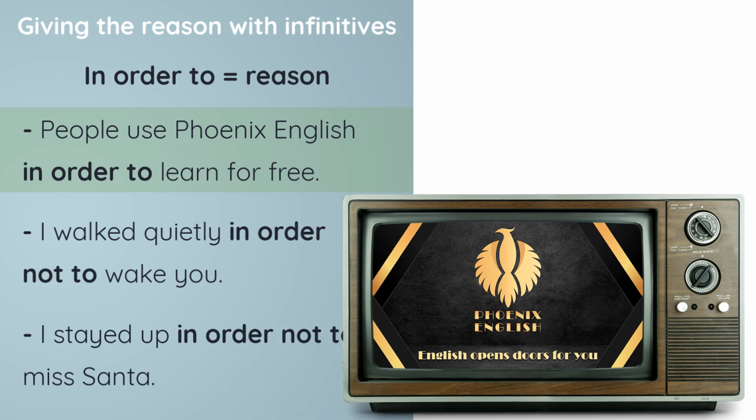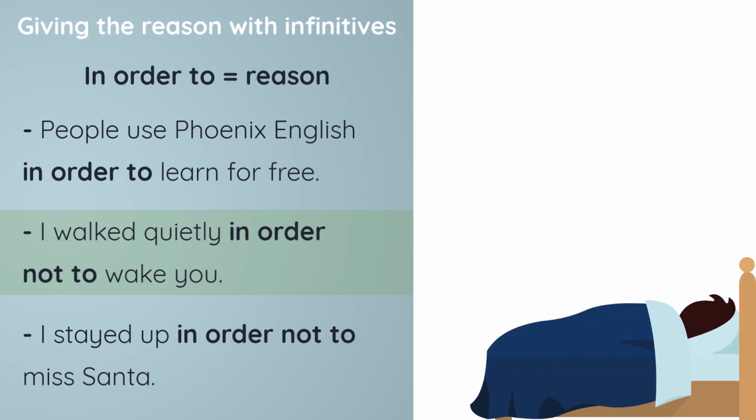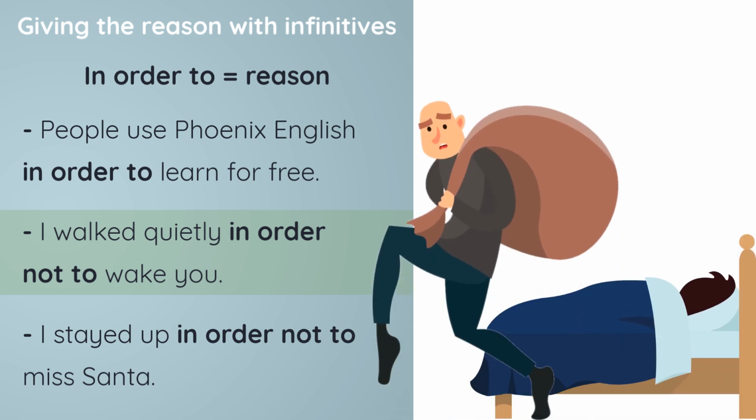Now, if we want to say something in a negative, okay, we want to prevent something, we can also use in order not to. So let's look at an example of this. I walked quietly in order not to wake you. So the reason that I'm walking quietly, why are you walking quietly? I don't want to wake you up.